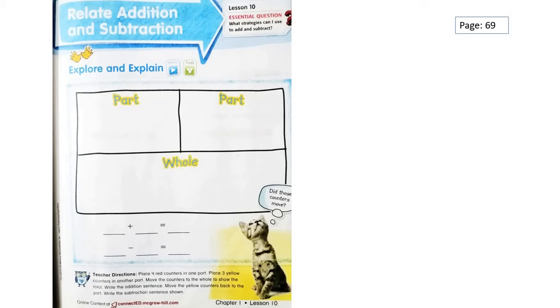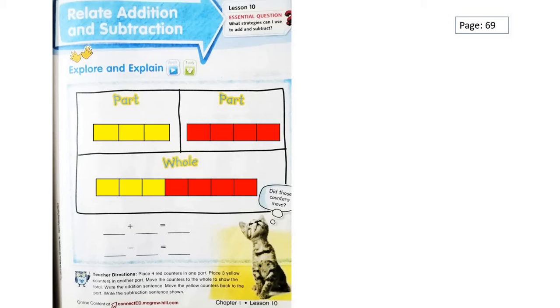Here, if we have a train of 3 yellow cubes and a train of 4 red cubes, if we put these trains together, we will have what? Can you guess? 3 yellow cubes and 4 red cubes, we will have a train of 7 cubes.